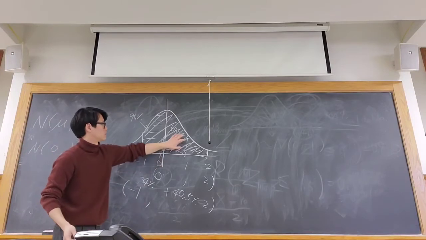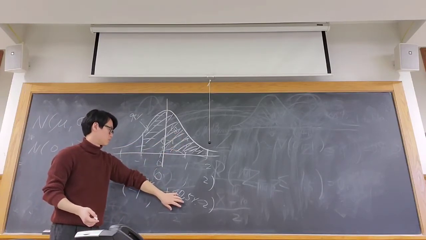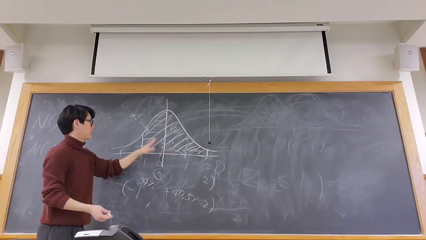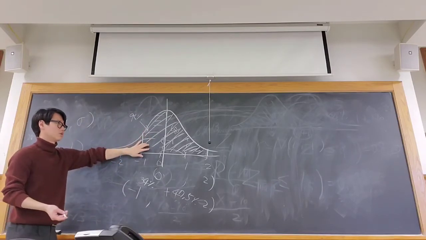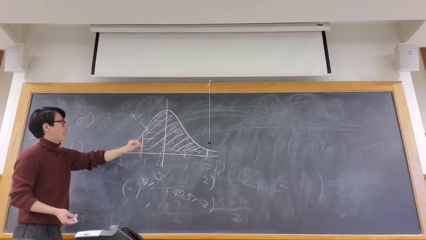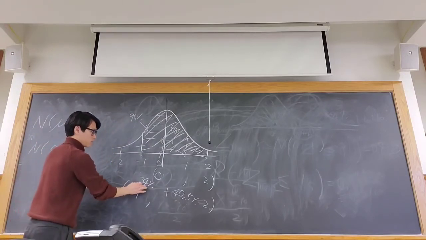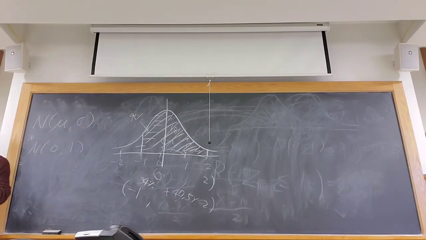The right-hand side we just calculated, 47.5%, which is half of the 95. And the left-hand side corresponds to half of the 68%, which is 34%. So if you sum them up, you can get the corresponding proportion, right?